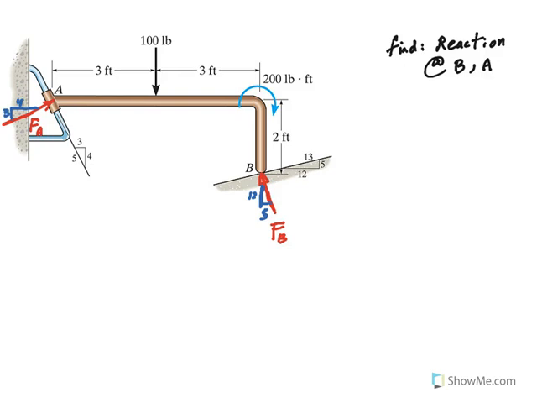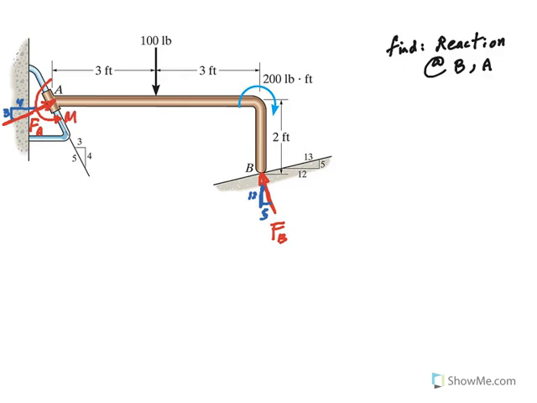In addition to the reaction there, we're going to have a moment reaction because this is fixed here. If there was a pin here at A, that would be a different story, but there's no pin there. Let me remove the pin and put the reaction back. So there's going to be a moment reaction here.